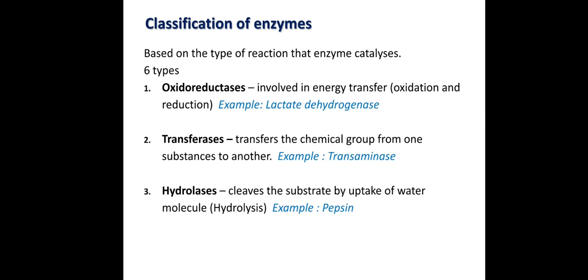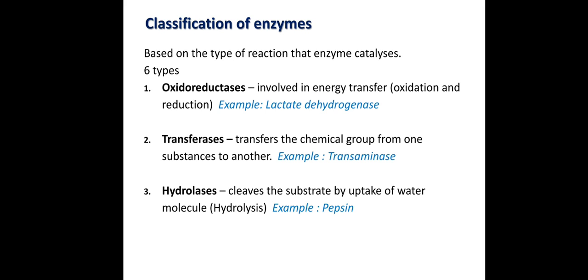As the name itself says, they are involved in group transfer reactions. They transfer functional groups from one substrate to another. Functional groups you are familiar with: aldehyde functional group, keto functional group, then there might be carboxylic acid functional groups. These kinds of functional groups are transferred, even phosphoric acid.